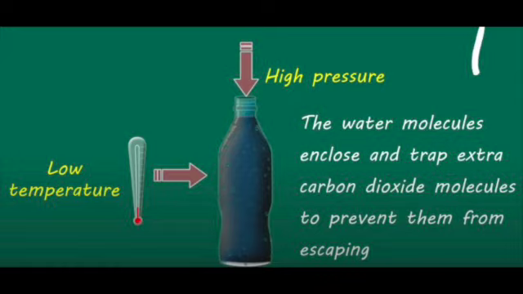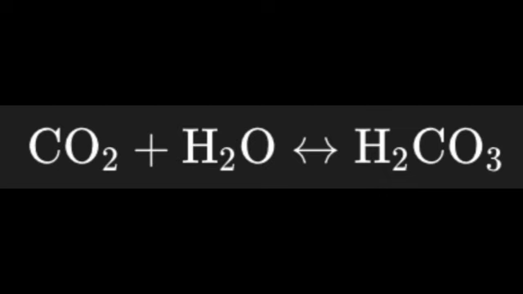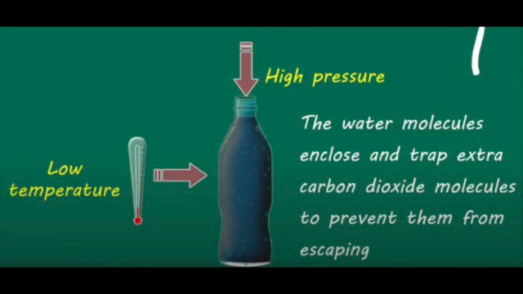According to Le Chatelier's principle, when the pressure increases, the reaction shifts from the side with more gas molecules to the side with fewer gas molecules. Since there are 2 moles of gas on the reactant side and 1 mole of gas on the product side, more forward reaction will happen. Therefore, the CO2 will be used up to create the carbonic acid, keeping the CO2 inside the bottle.